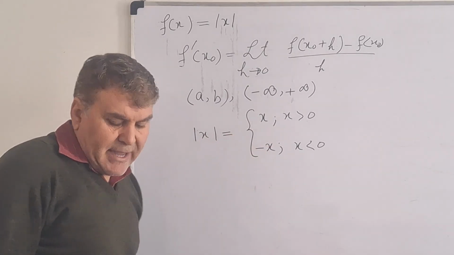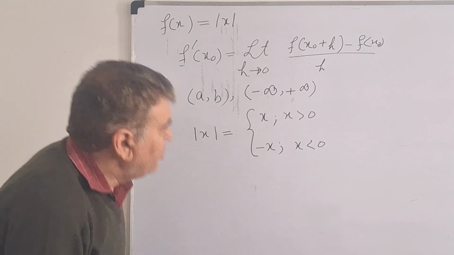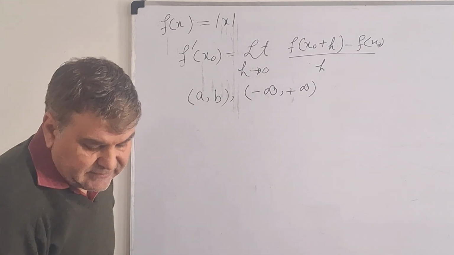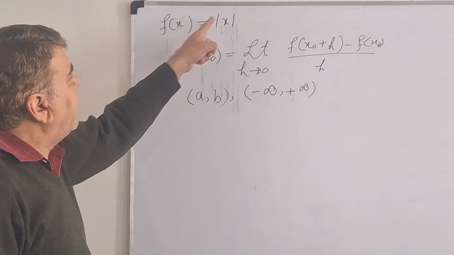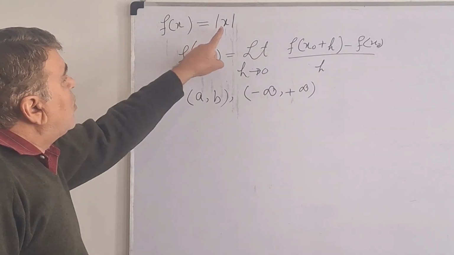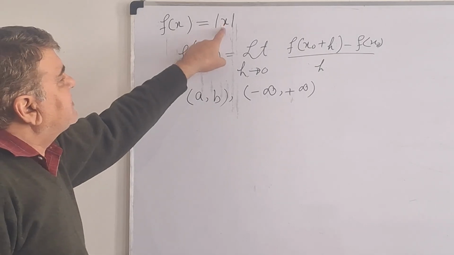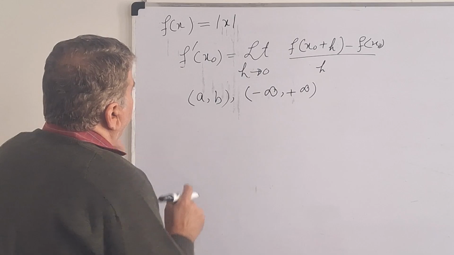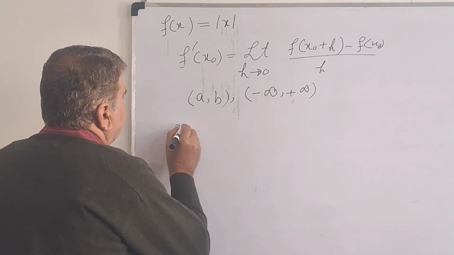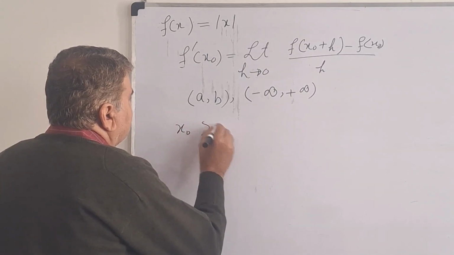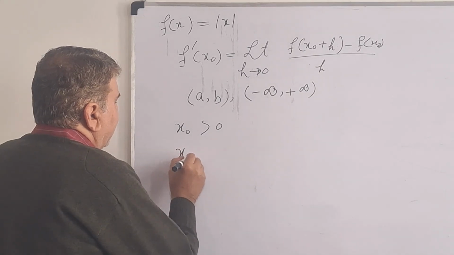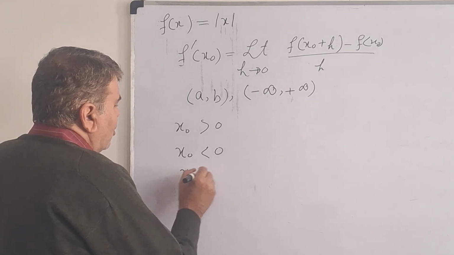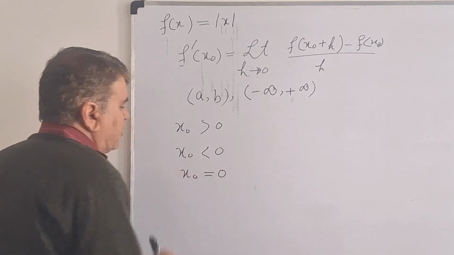So with these things in mind, I can calculate the differentiation of the function for the two regions, that is for x greater than 0 and x less than 0, and what would be the differentiation at x equal to 0. So now I want to find the derivative at three different positions: x naught greater than 0, x naught less than 0, and x naught exactly equal to 0.